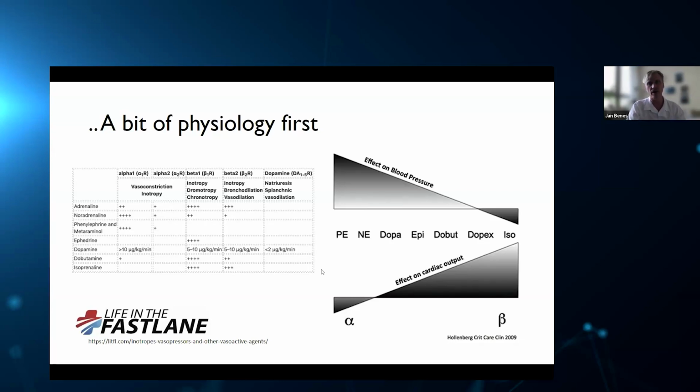So the more alpha activity you have, the more vasoconstriction you have, which is, for instance, phenylephrine. And with the least alpha activity and the highest beta activity, like isoprenaline, you have even more pronounced beta dilatory activity. So there is a difference between the different catecholamine substances at the catecholamine receptors. We will get there later on.